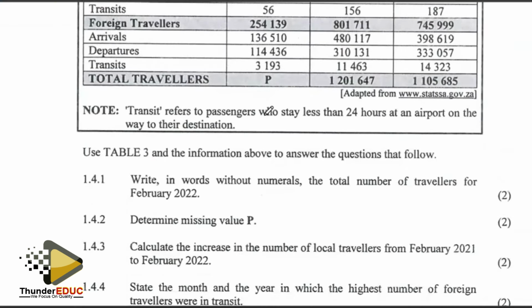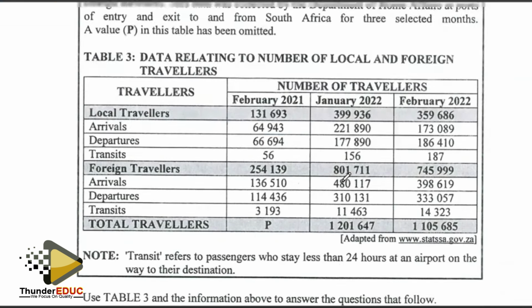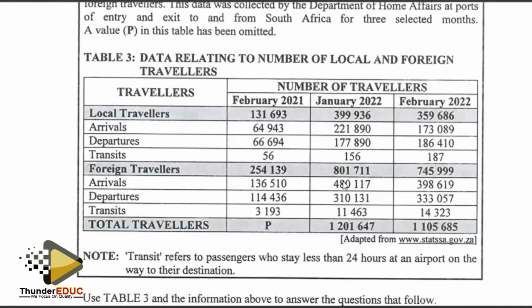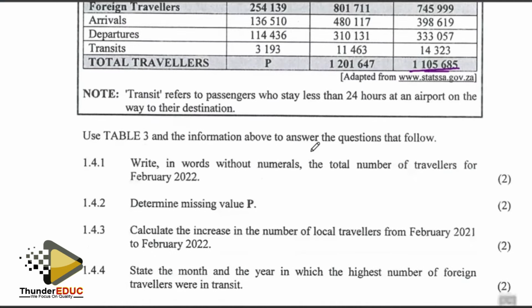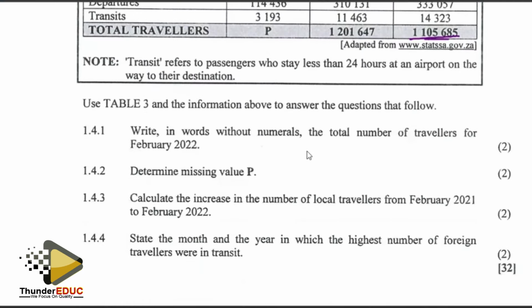Okay, we continue. Question number 1.4.1. Write in words, without numerals, the total number of travelers for February 2022. Now we shall come here and look at it. That's February 2022. It's this one here. So the total number of travelers, it's that much. We're going to write it down in numbers.